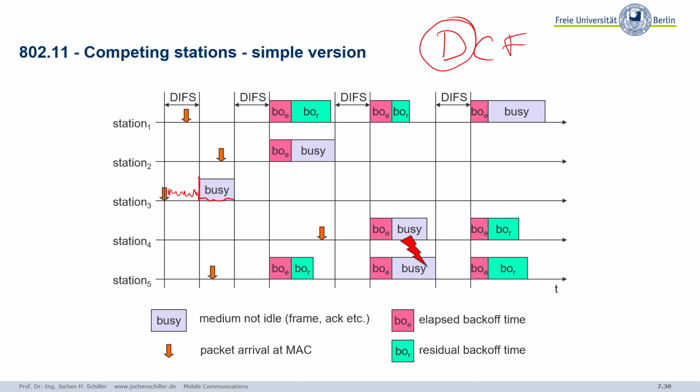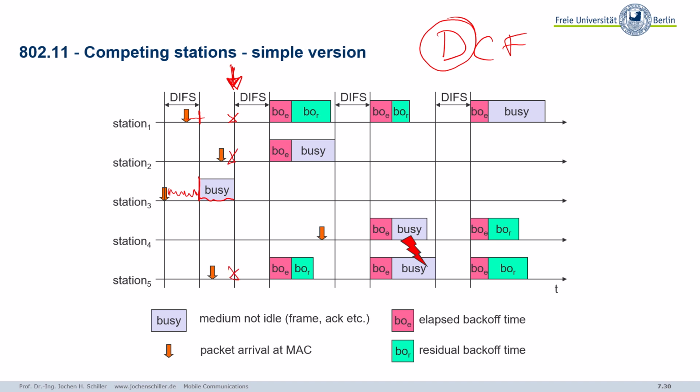Station 1 also checks, but then suddenly, oh, the medium is not idle anymore. Now station 1 has to wait until the medium is idle again. So that's here. But not only station 1 waits here, but also station 2 and also station 5.